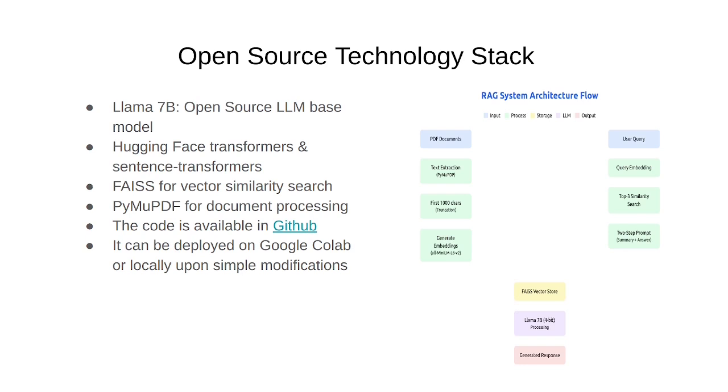Here you see some detail on the technology stack, which is all from open source. Llama 2, 7 billion parameters is the base large language model. Hugging Face transformers and sentence transformers are used for model handling and embeddings. Facebook AI Similarity Search, you see the FAISS acronym in the slide, provides vector similarity search.